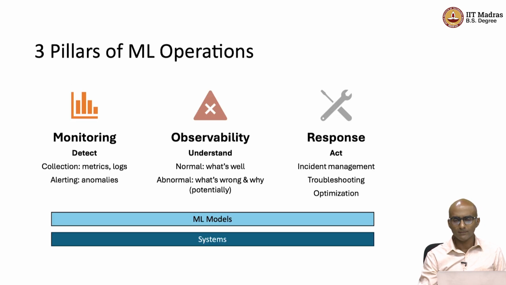Finally, once you've got the model running and things are in production, your work doesn't stop there. You've got to do the actual work of operations in production, and that's where the monitoring, observability, and response really comes into play. Of these three categories, response is usually not under your control.